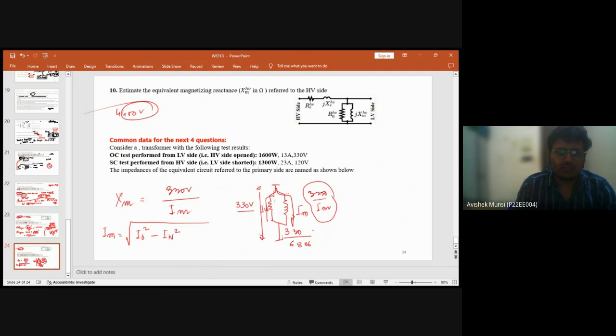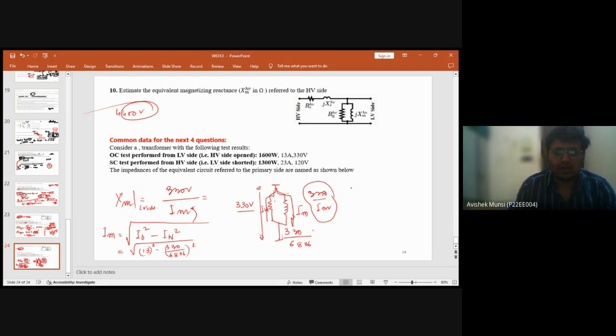IW is 330 by 68.06. I naught is 13. So this is 13 square minus (330 by 68.06) square. So this is IM. Put this over here, and if we calculate, we'll get the XM at the LV side.